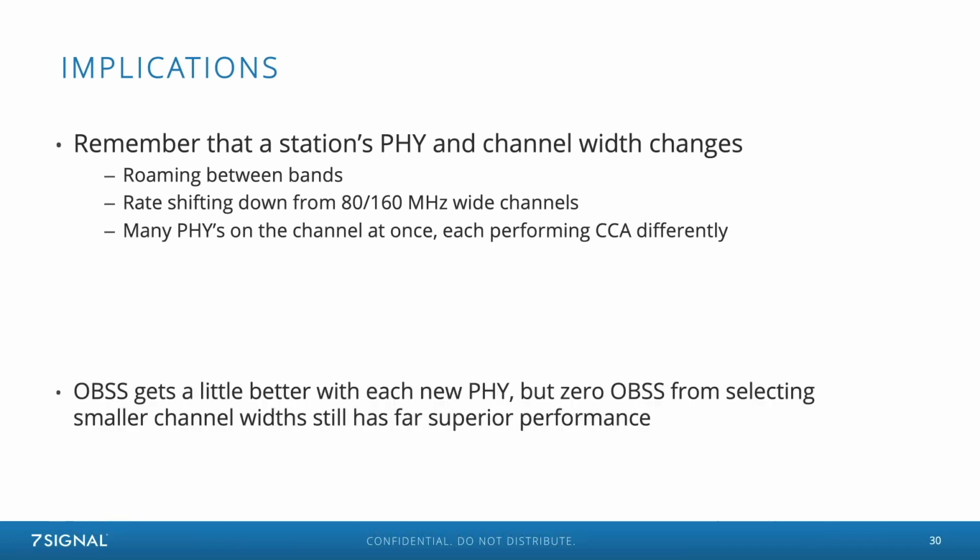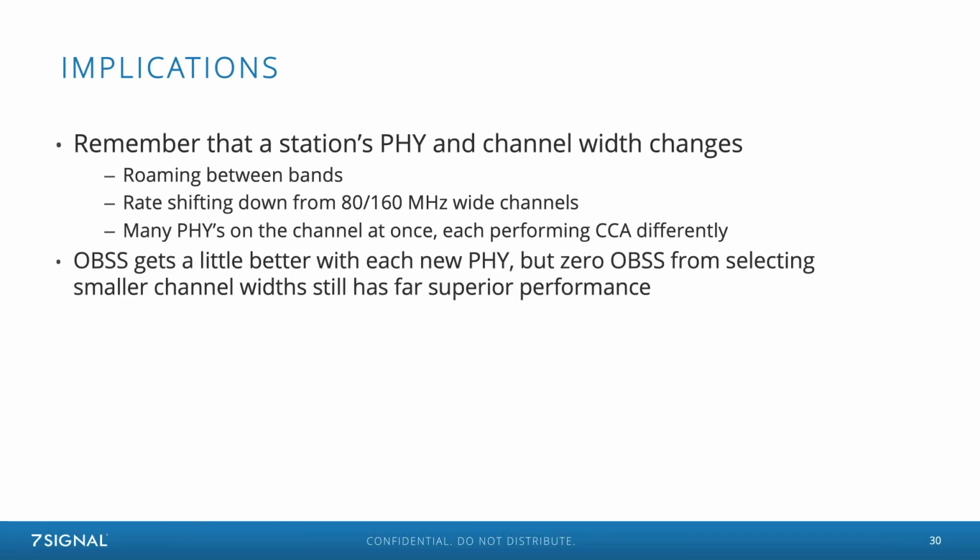So it's complicated, but despite OBSS getting a little better with each new PHY, right? We get signal detect with 802.11ac, you get DBO as an option, spatial reuse eventually with 802.11ax.